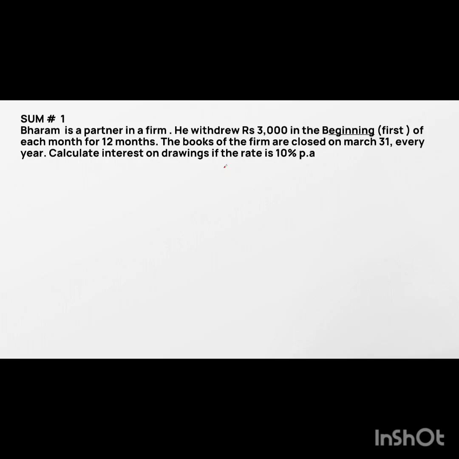In this problem, the partner is withdrawing a uniform amount of 3,000 in the beginning of each month for 12 months, and the rate of interest is 10% per annum. So here we have to follow the average period method.